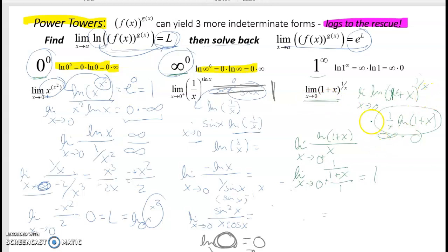We solved the question of ln of what they asked us. So to get back the answer to what they asked, we have to solve for this interior argument, and we get that the limit as x goes to 0 of 1 plus x to the 1 over x equals e to the 1.